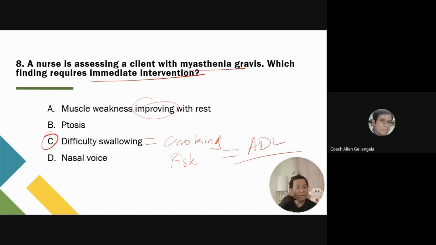Ptosis, or the drooping of the eyelids, for a patient with myasthenia gravis. Is it normal? Yes, it is. It is one of its cardinal signs and symptoms. And finally, a nasal voice, a whispering voice. Imagine a person that is weak. As simple as that.